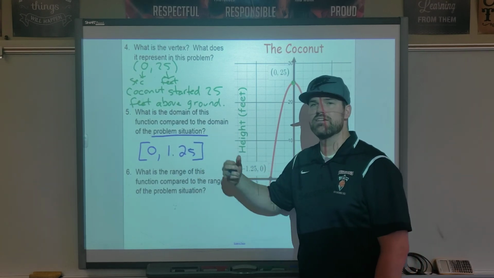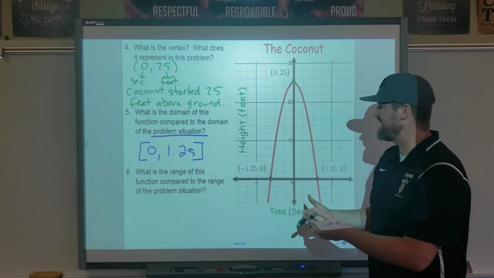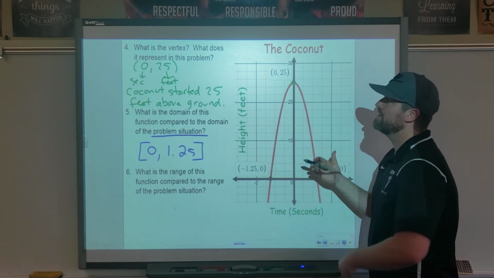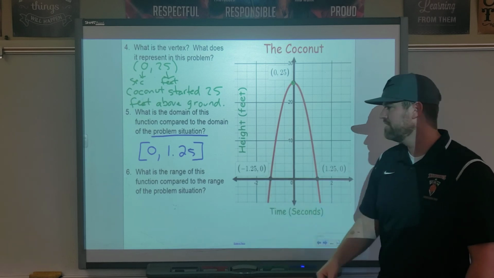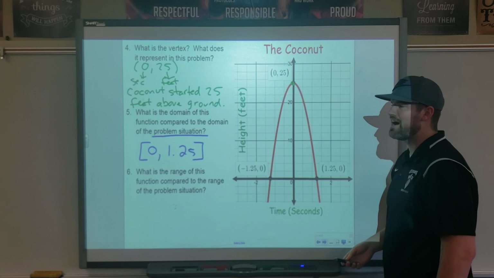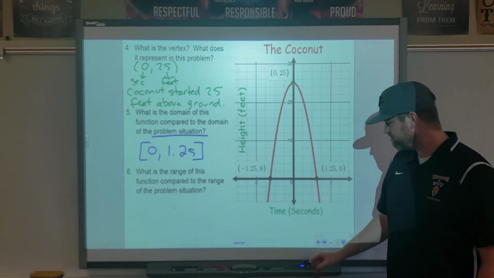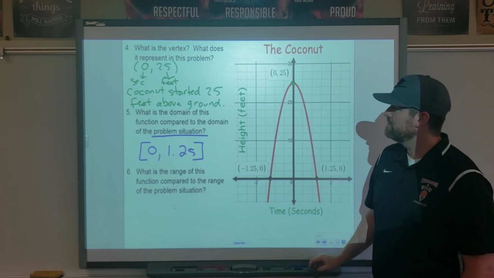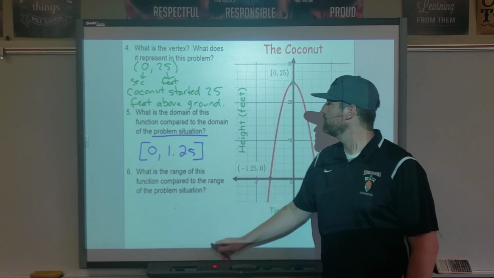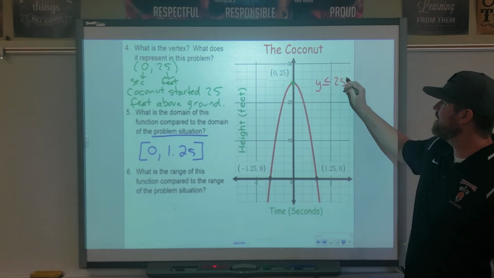So again, domain of the problem situation is just what x values make sense for this problem. And this problem was the coconut falling, and the coconut only fell from 0 seconds to 1.25 seconds. So those are the x values that make sense. The range, well, we know the range of the actual graph would be y is less than or equal to 25.